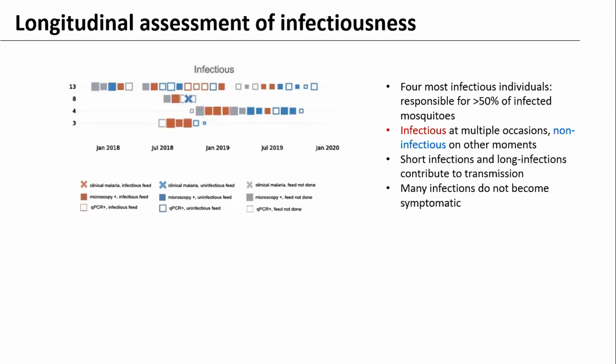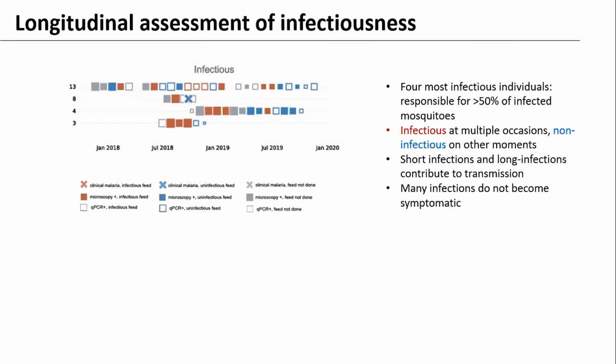ID3, for example, had a very short infection, and three of the 5 feeds done when they were asymptomatic, microscopy-positive, were infectious. These are the red solid squares seen there.